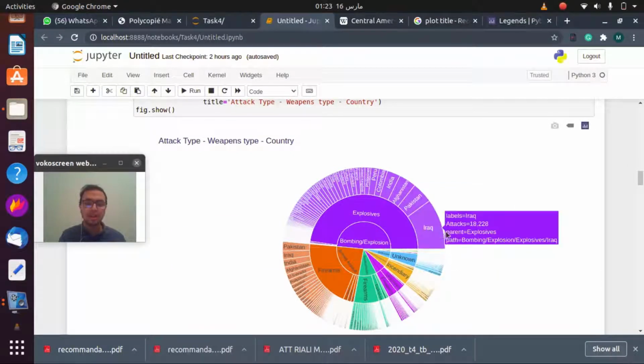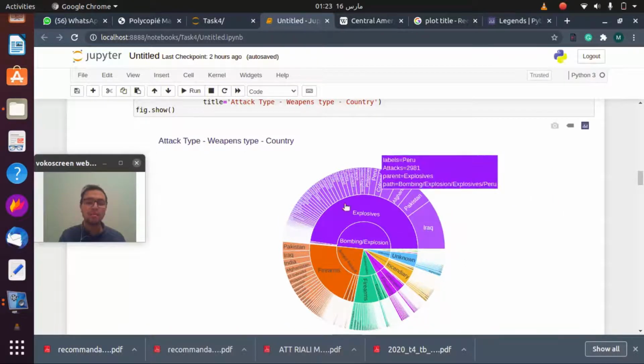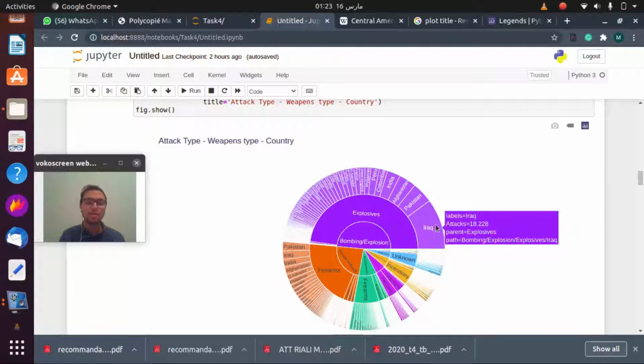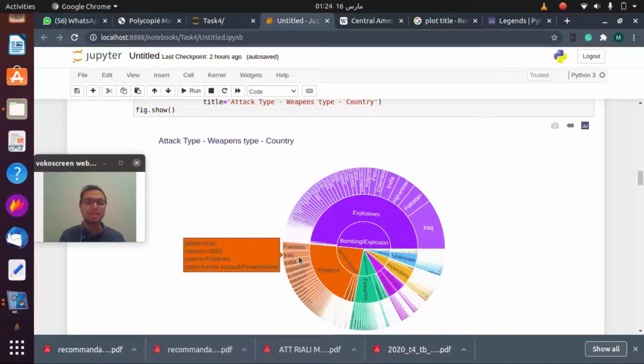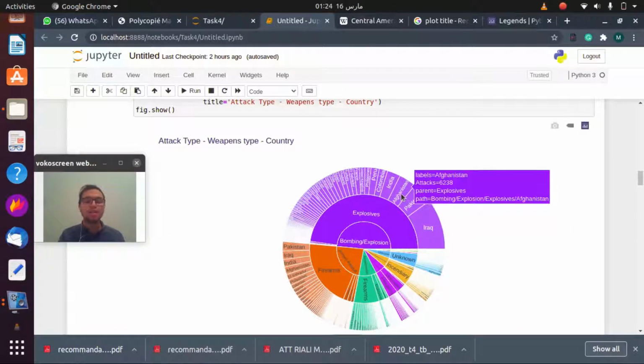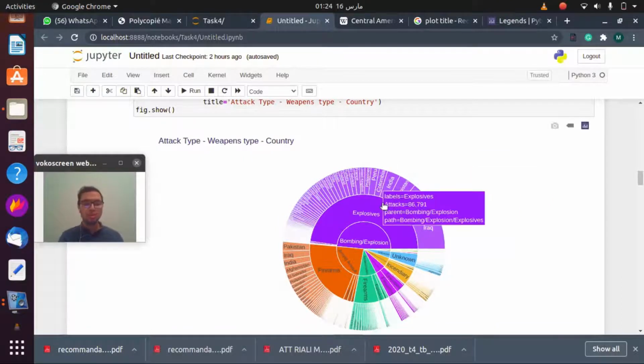Anyway, we can see that the majority of attacks are concentrated in Iraq, Pakistan, India, Afghanistan, Colombia, Peru, Central and South America in general, and the Middle East.